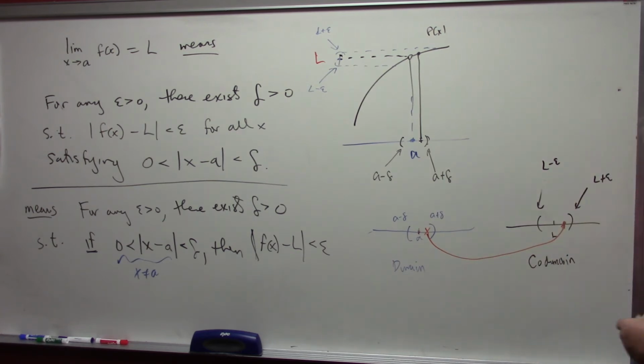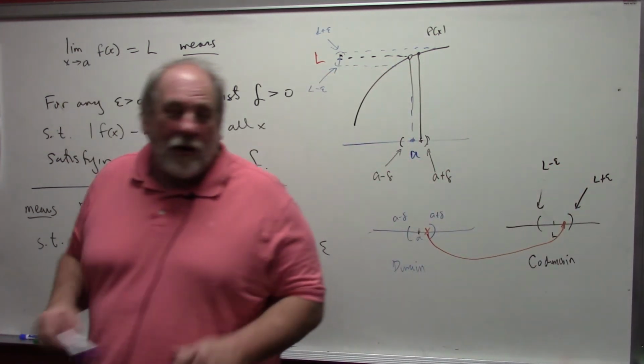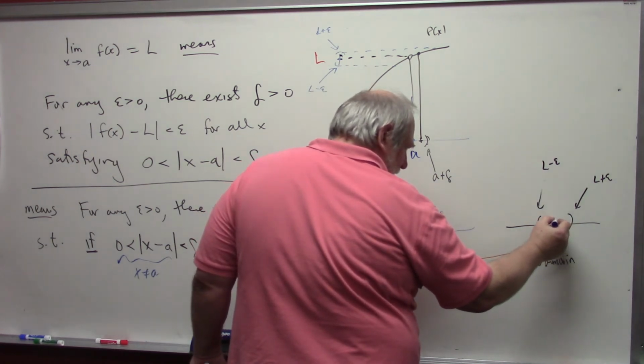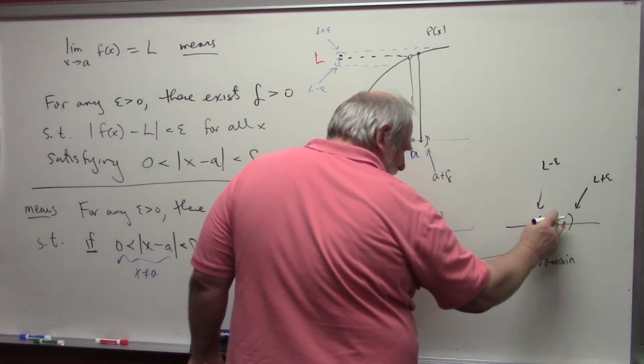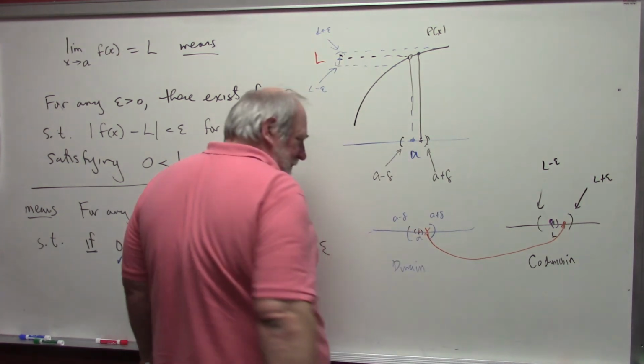And clearly, what's going on here is that if I start with a smaller epsilon interval, then that means I would need to have a smaller delta interval.